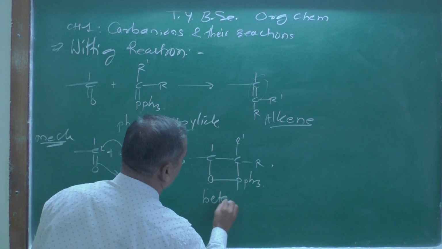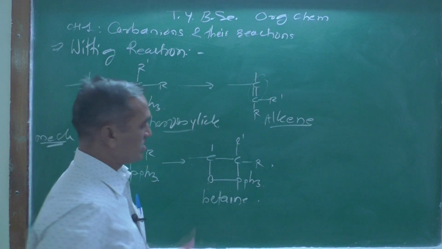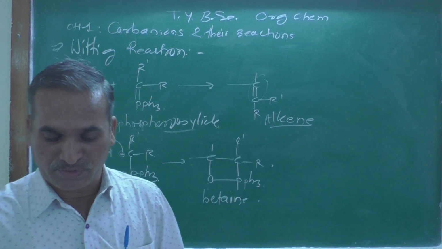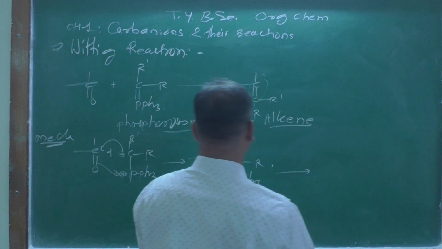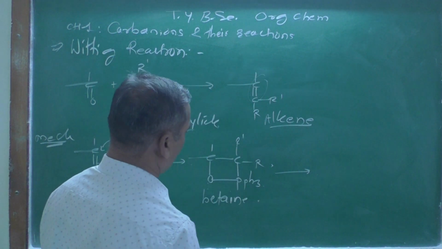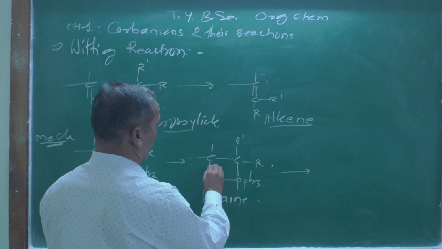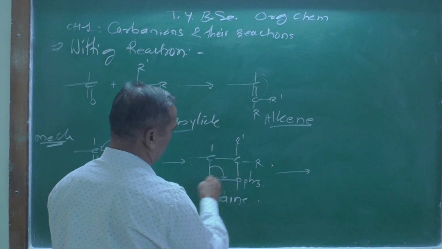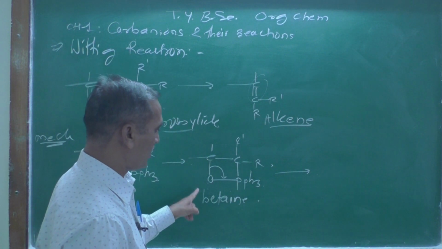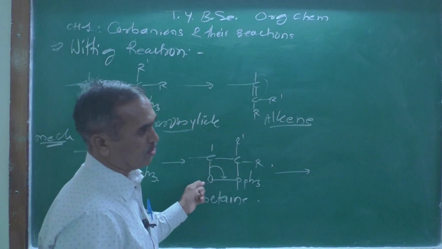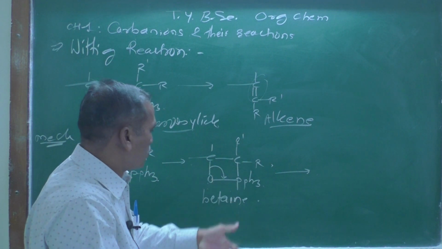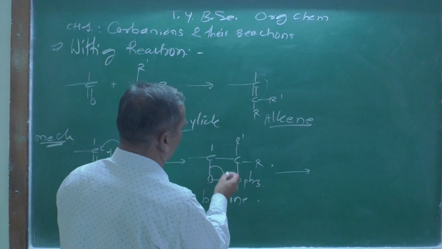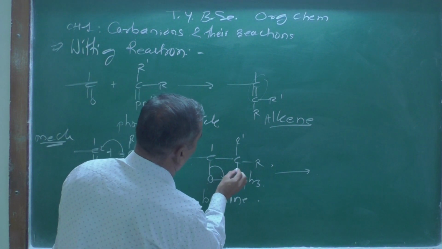This is called the betaine formation. This betaine intermediate is formed during the process, and now this betaine is very unstable. What is going to happen? The bond is forming because of the driving force: oxygen and phosphorus have a great affinity towards each other, so they form a double bond, and this other bond is breaking and forming a double bond over there.